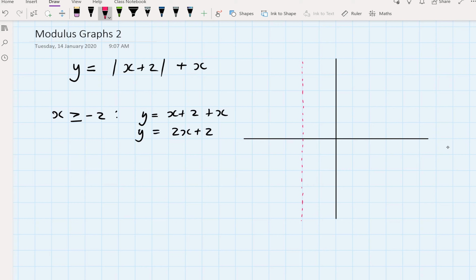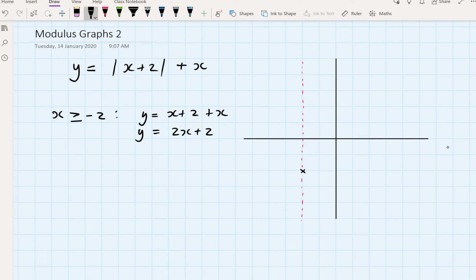We're going to get two different graphs happening around that line. Now, what is the value of y when x is equal to minus 2? Well, if we put minus 2 into here, we're going to get minus 4 plus 2, which is going to be minus 2. So in other words, I've got a value down over here. That is the value of y when x is at minus 2.